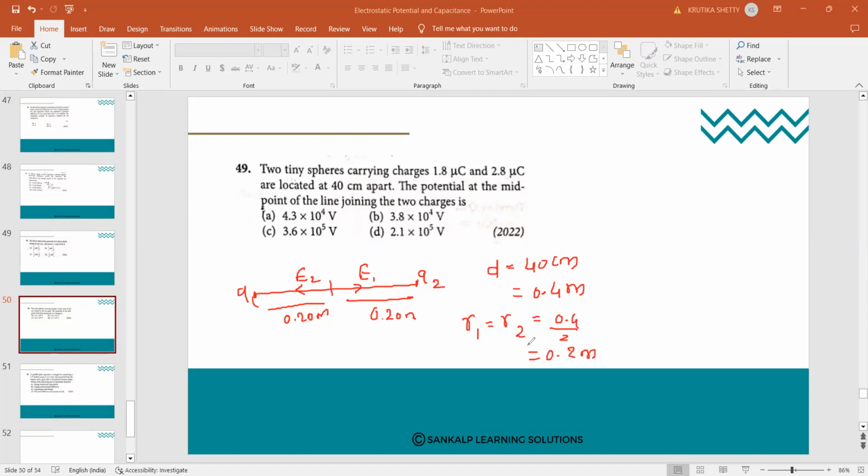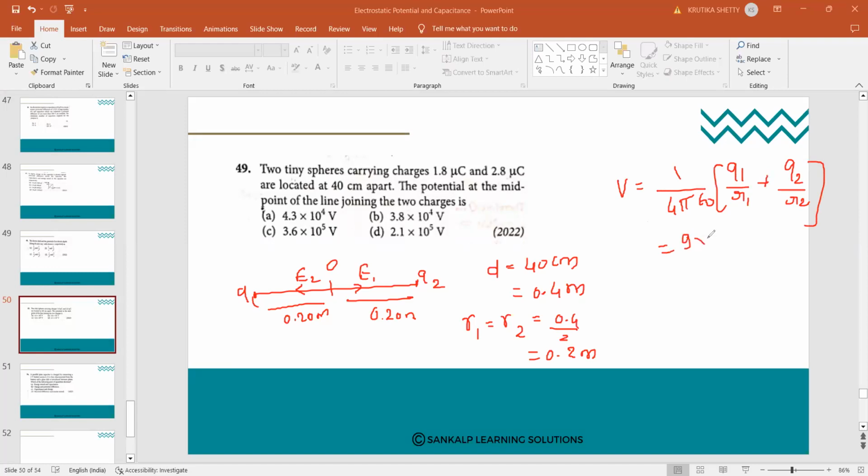They are asking for the potential at the midpoint, at the center O. At the center O, the potential is given by V is equal to 1 upon 4 pi epsilon naught times Q1 by R1 plus Q2 divided by R2. You know the values, so substitute, simplify and get the answer.